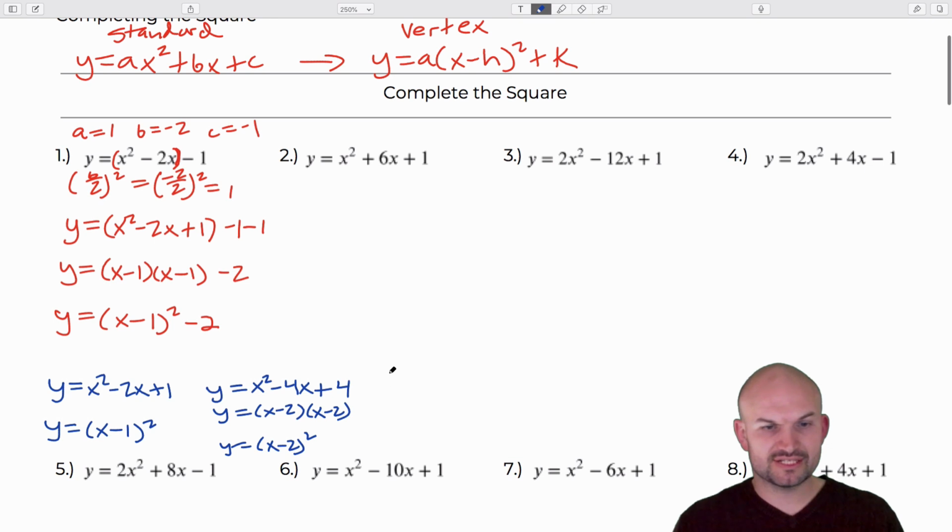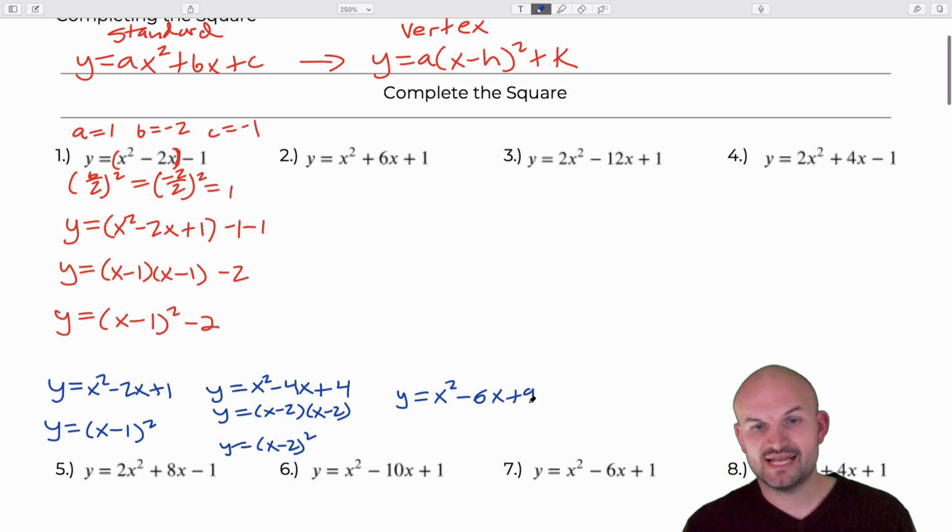So what I want students to see is that we want to create these perfect square trinomials. Another perfect square trinomial is y equals x squared minus 6x plus 9, and that can be factored into x minus 3 quantity squared.